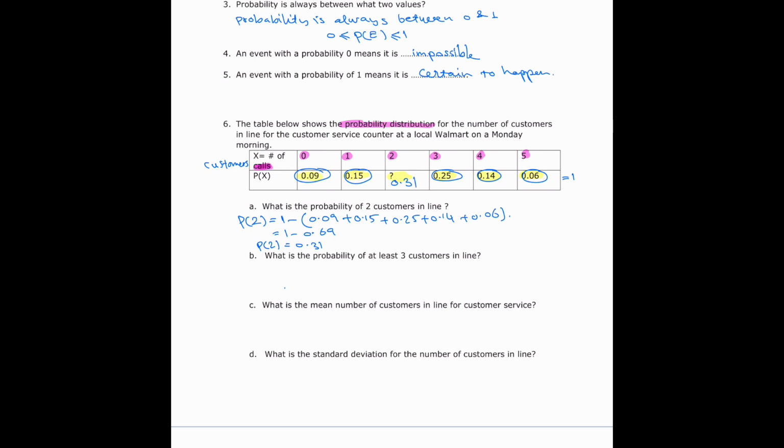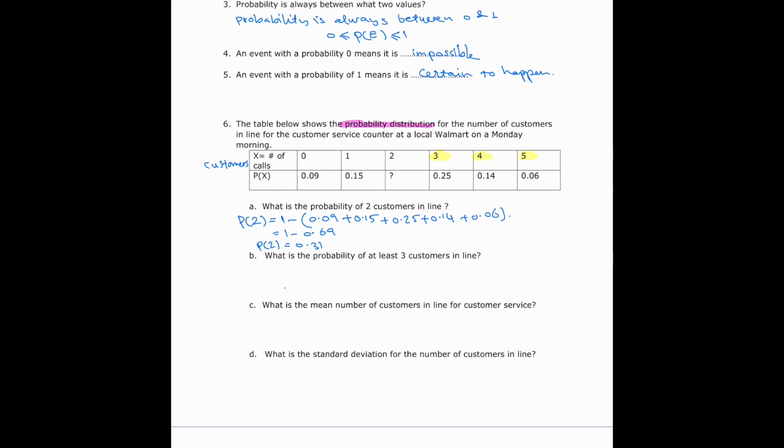What is the probability of at least 3 customers waiting in line? So at least 3 customers means I have 3 customers or more standing in line, because the least is 3, but it could be more. So it could be 3, 4, or 5.